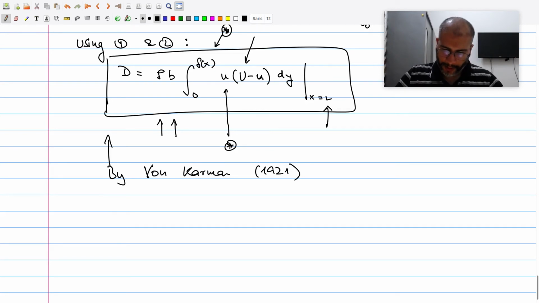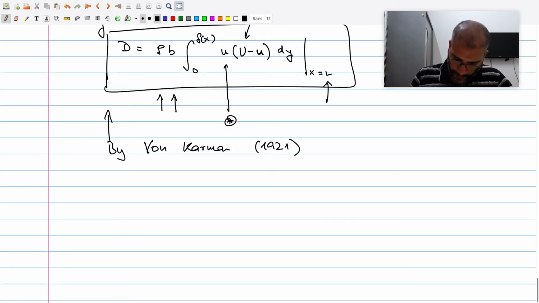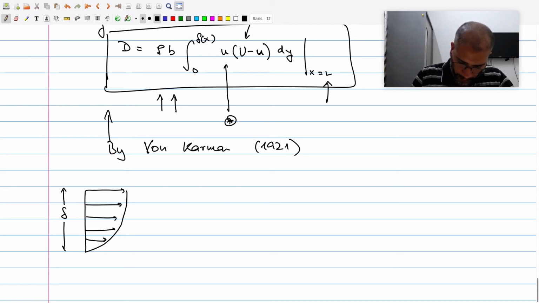Right. So at this stage, let's talk about another idea that is called the momentum thickness. Okay, so this is the velocity profile, let's say we have at any x value. So the velocity u goes from 0 to capital U in this distance delta.